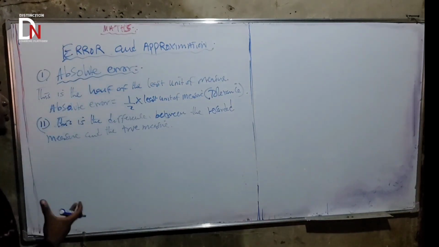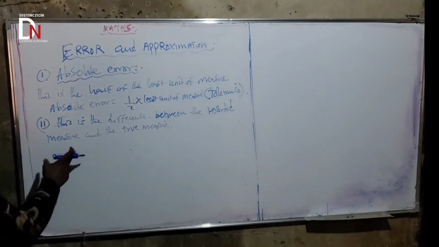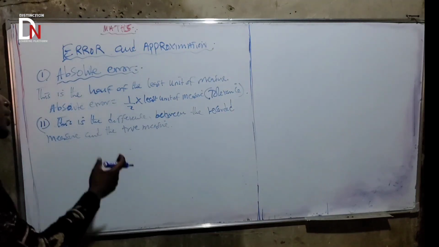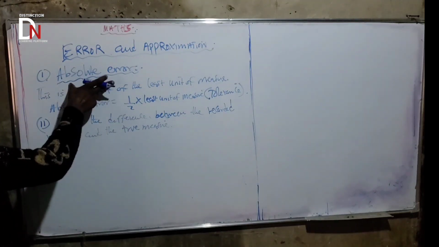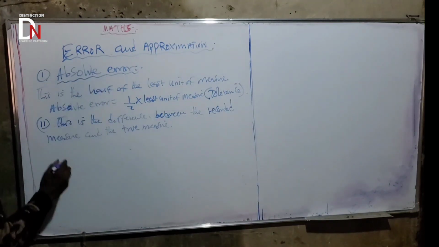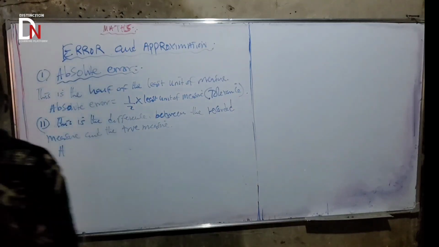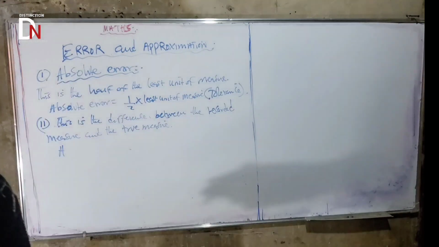So the difference between the recorded measure and the true measure is also known as the absolute error.